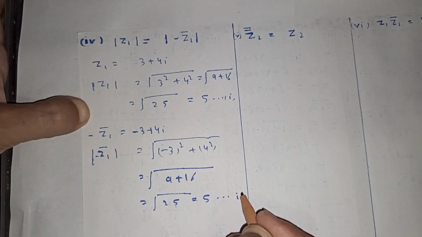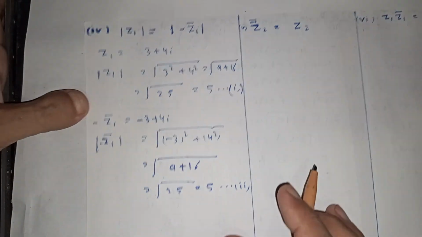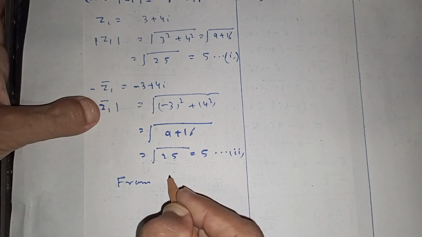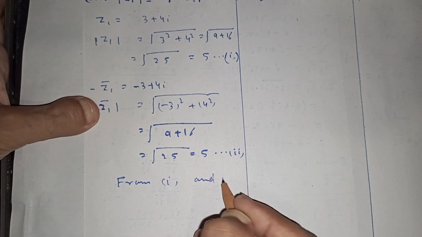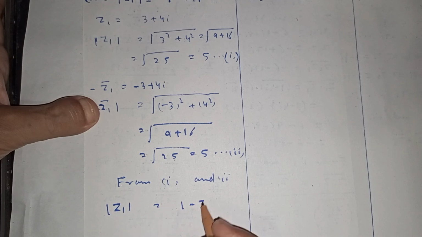Equation 2. From equation 1 and 2, we have seen that z1 modulus is equal to minus z1 bar modulus.